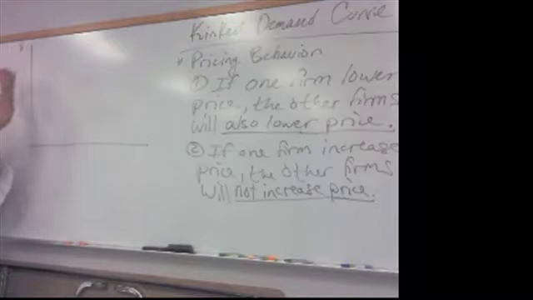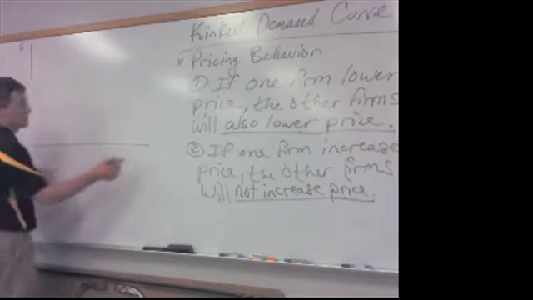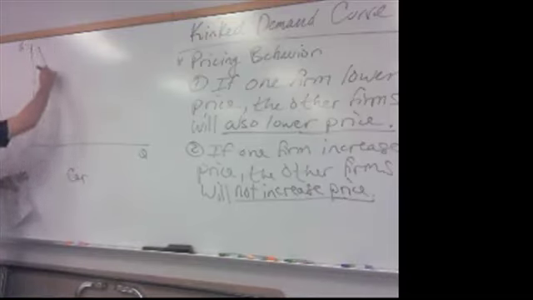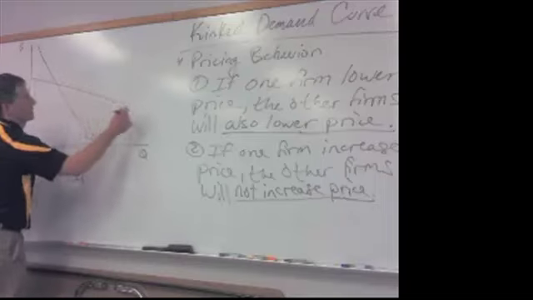So I want to draw two demand curves. Maybe we'll use the car market. And I want to think about a demand curve that looks like this and a demand curve that looks like this.